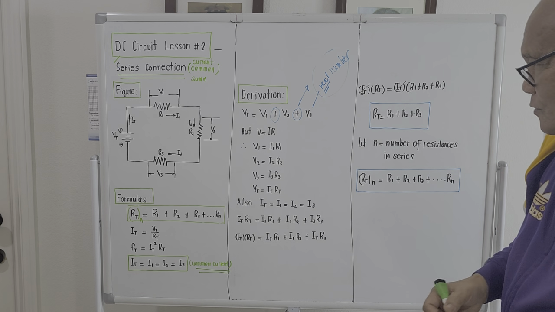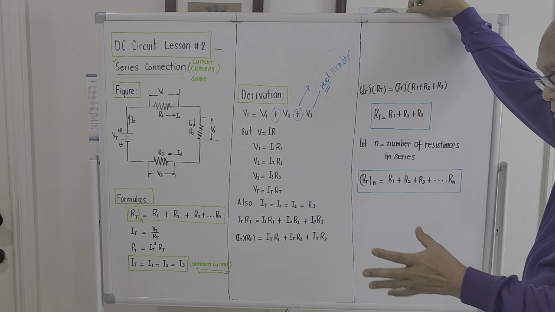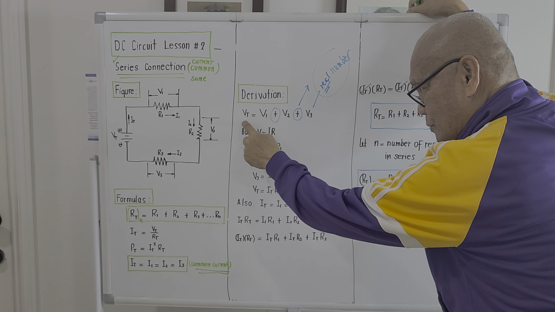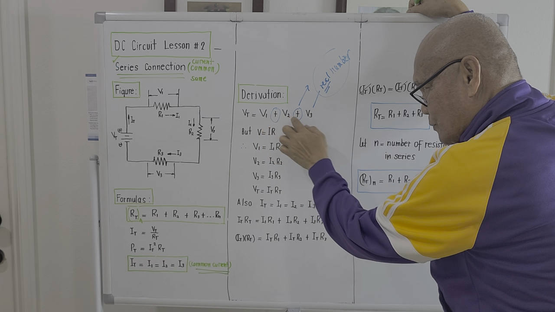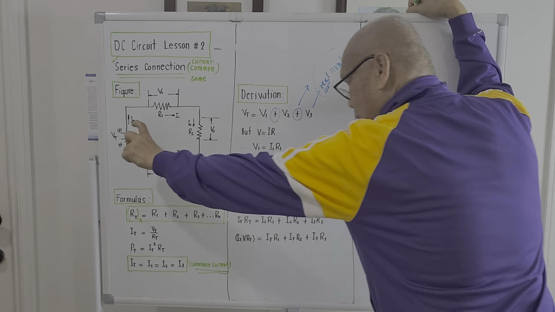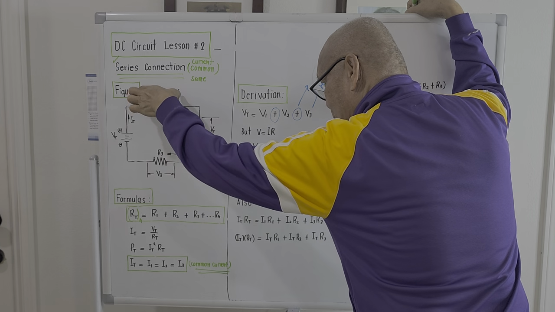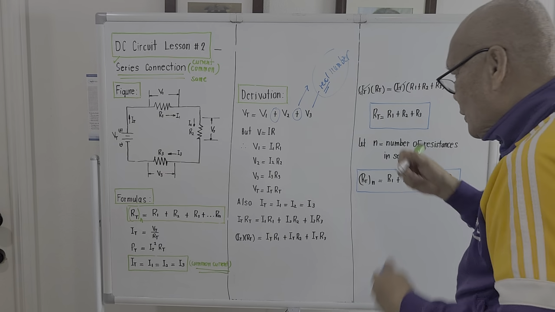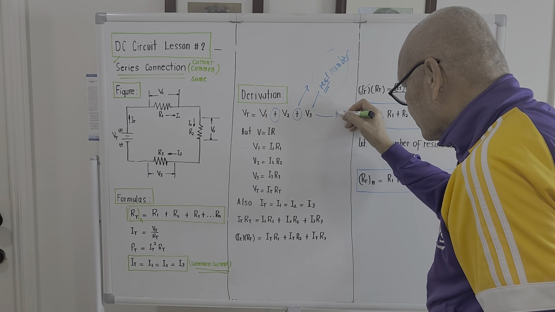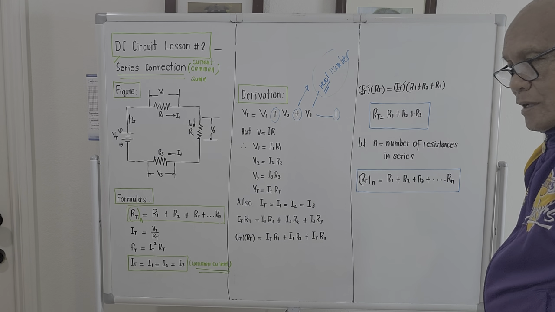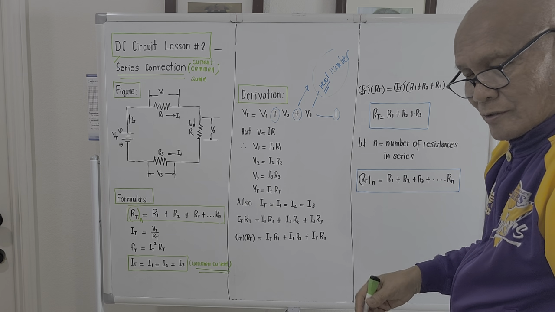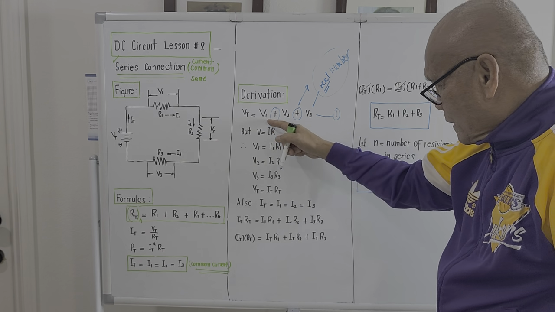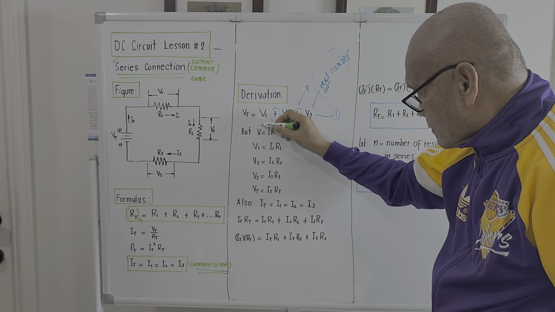Okay, so like what I said, to derive this one, we start with this. B total should be equal to the sum of B1 plus B2 plus B3. We call this equation number 1. But what is voltage under the study of direct current? The product of current and resistance is actually voltage, right?